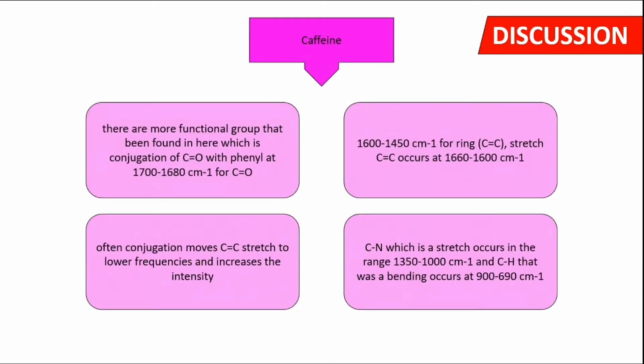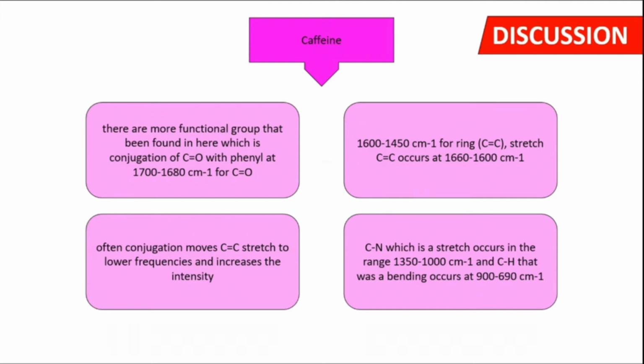For caffeine, there are more functional groups here, which is conjugation of C=O with phenyl at 1700 until 1640 cm⁻¹ for C=O, and 1600 until 1450 cm⁻¹ for ring C=C-H stretch. C=C occurs at 1660 until 1600 cm⁻¹. Often, conjugation moves the C=C stretch to lower frequencies and increases the intensity.